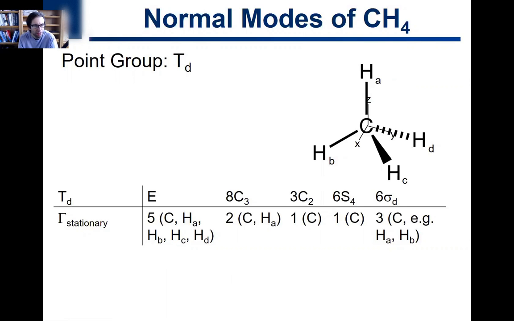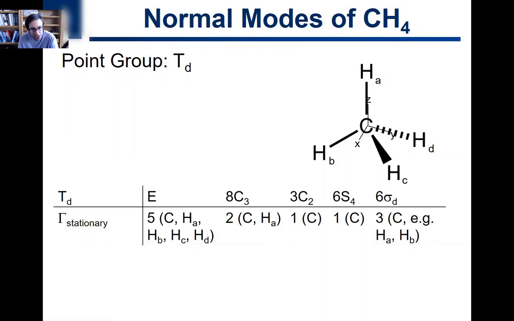Now we're going to do a C3. Now there's 8 different C3s in this molecule. And the beautiful thing is, because all of those C3s are in the same class, it doesn't matter which C3 you choose. You're always going to get the same answer of there being 2 atoms that are stationary.